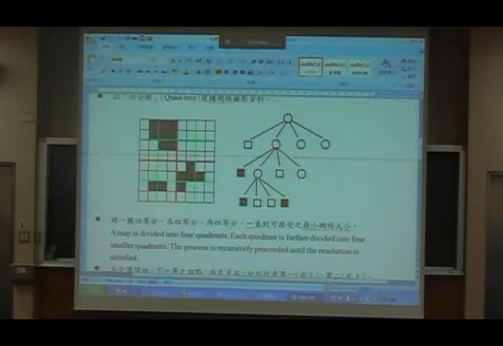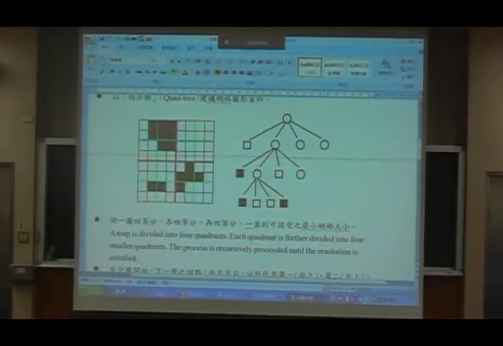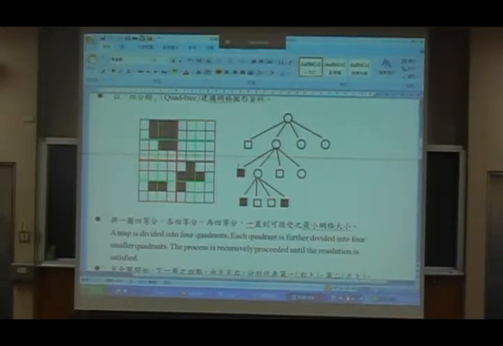Since we encounter a circle, we can divide it into another 4 smaller quadrants. Here we use green lines. Okay? So in the green lines, in the first quadrant, all the cells are black, so we represent it as a black square.